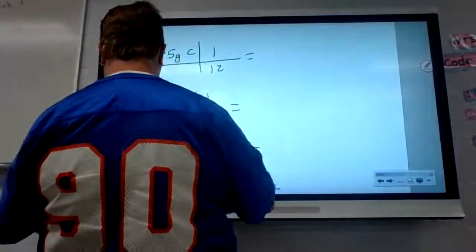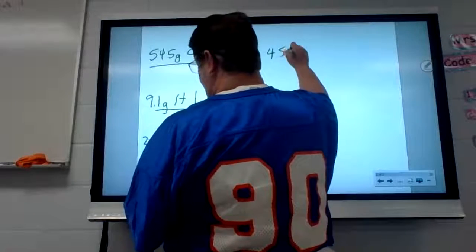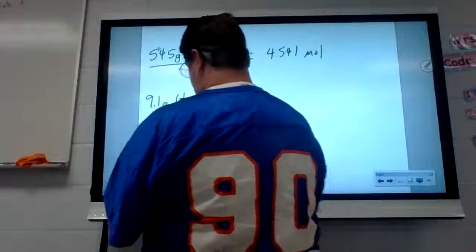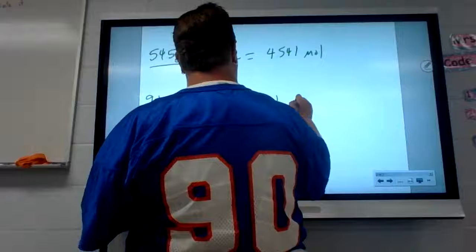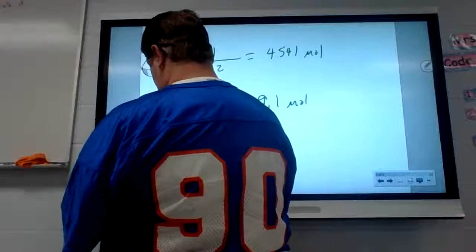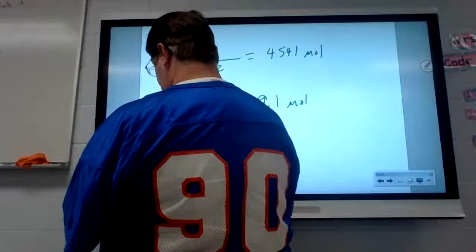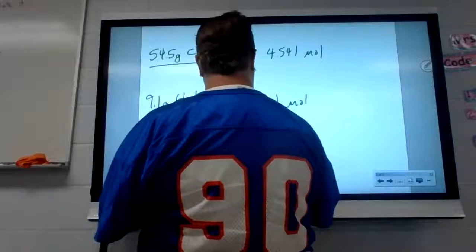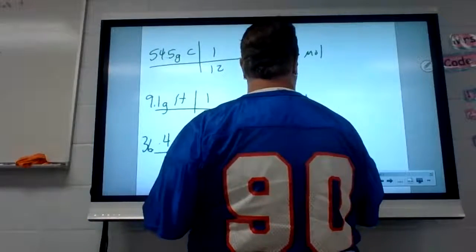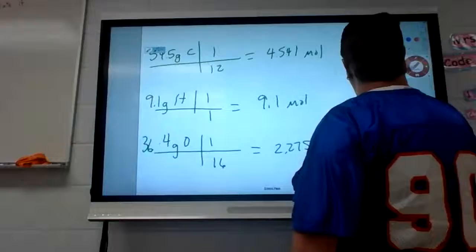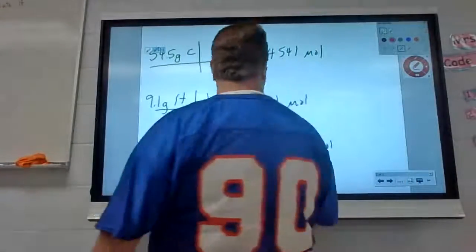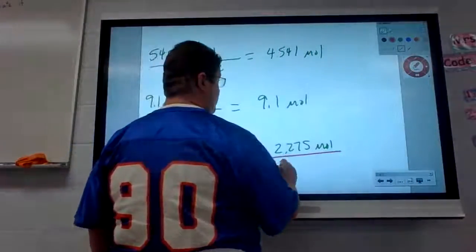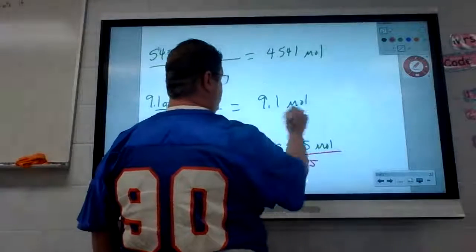54.5 divided by 12, 4.541 moles, 9.1 moles, and 36.4 divided by 16 equals 2.275 moles. All right, from there, we need to divide by the smallest number, so 2.275 moles.